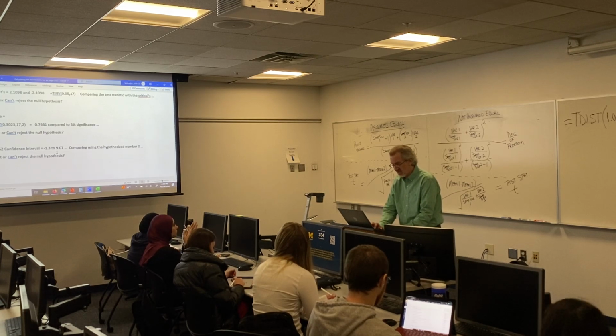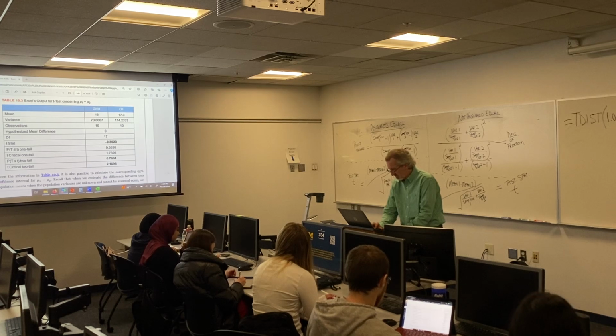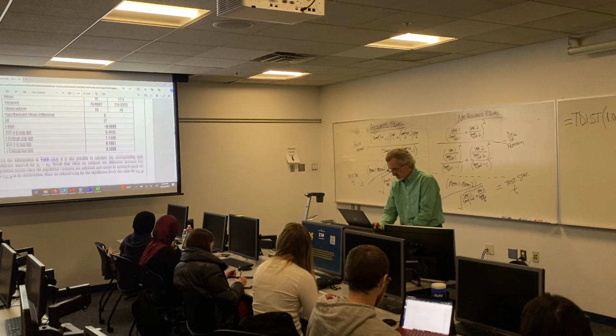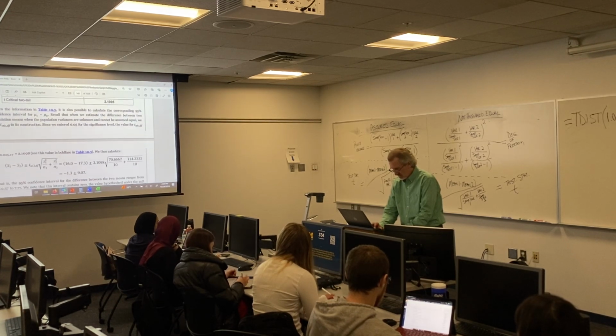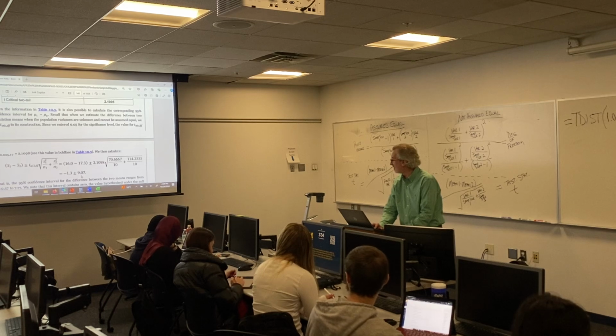Notice one of the numbers is negative. By the way, you go to the printout, there's your upper, right down here. Here's the calculation for the upper and lower confidence interval, negative 1.3 and 9.07.